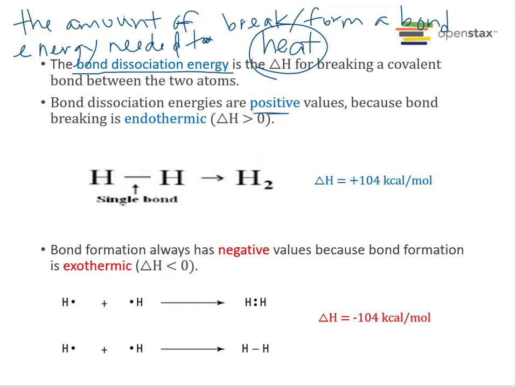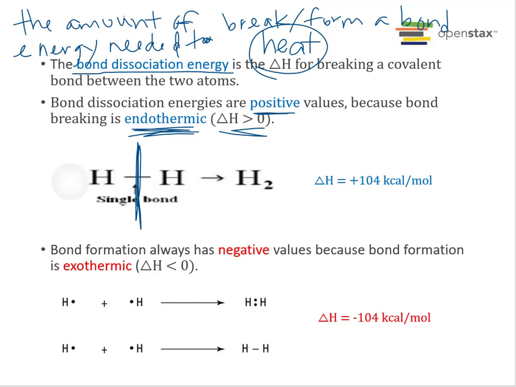Bond dissociation energies are positive when it's endothermic. So that means if it's positive, my delta H is greater than 0. So in this case, if I want to break that bond, or cleave it, it's going to be endothermic, right?